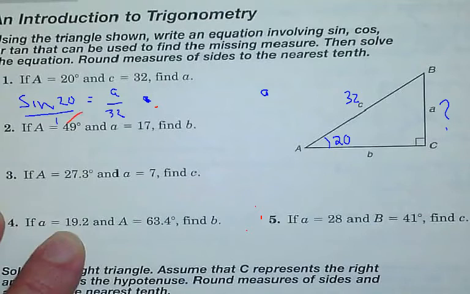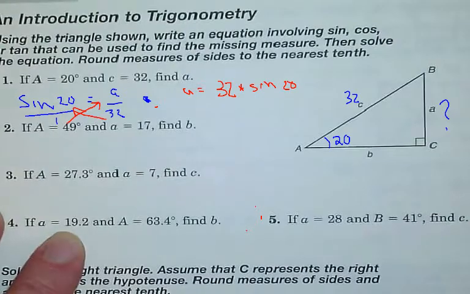So I'm just multiplying 1 times A. Well, that's just A. And then 32 times sine of 20, right? So I'll do A equals 32 times the sine of 20.